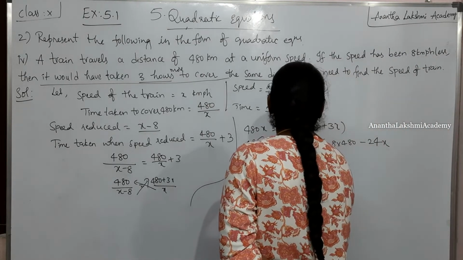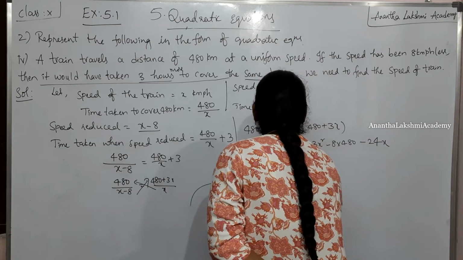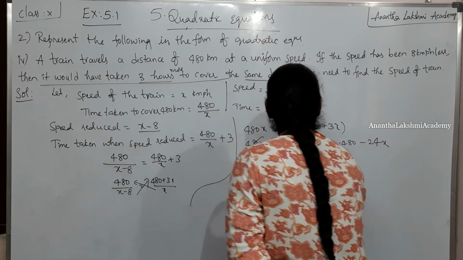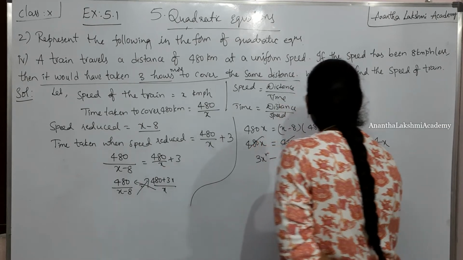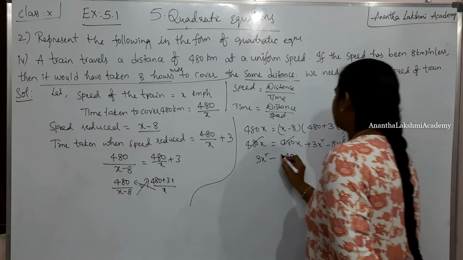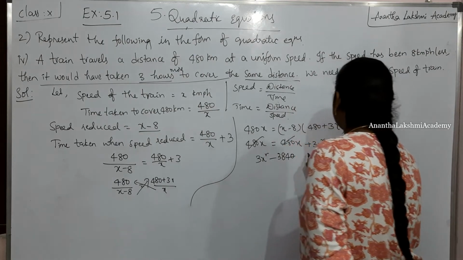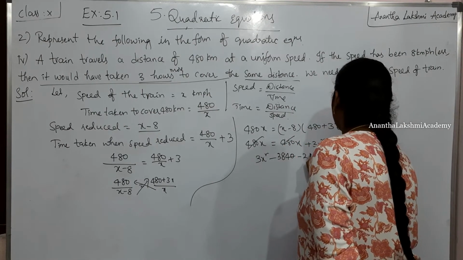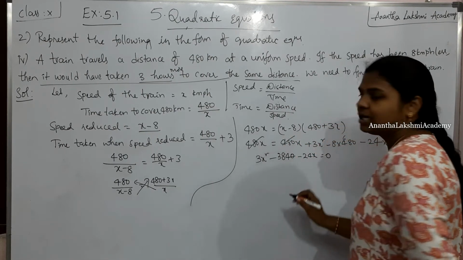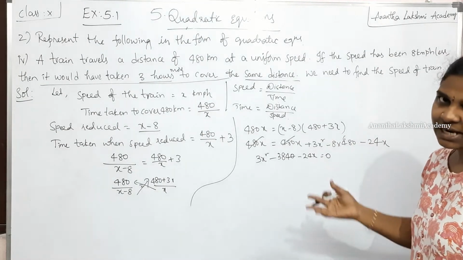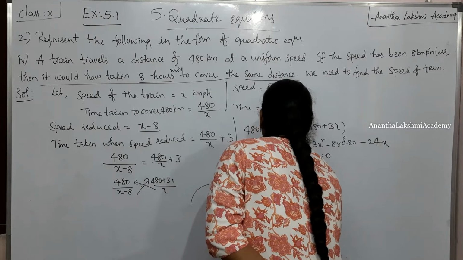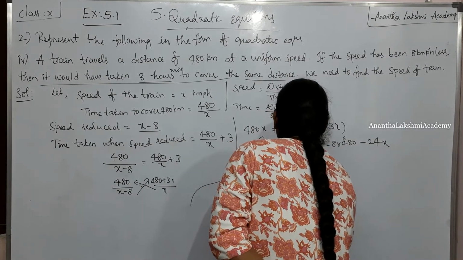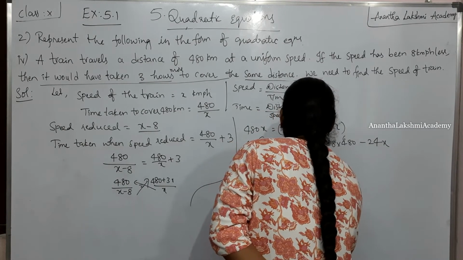So this turns out to be 3x square minus 8 into 480. 8 zeros are 0, 8 8s are 64, 8 4s are 32, and this is going to be 3840, minus 24x is equal to 0. Now, any quadratic equation we write in the dropping powers of x. So, this is going to be 3x square minus 24x minus 3840 is equal to 0.